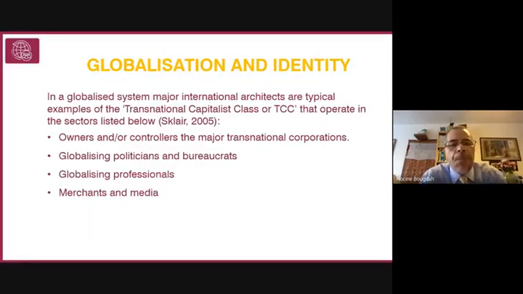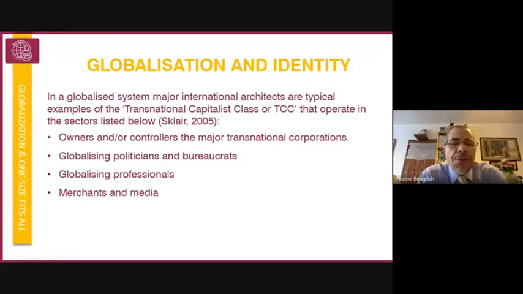So I wanted to pick up a few points to highlight this relationship between globalization and identity. The four bullet points I wanted to focus on: people who control capital and capital flow are the major components of this globalized system.